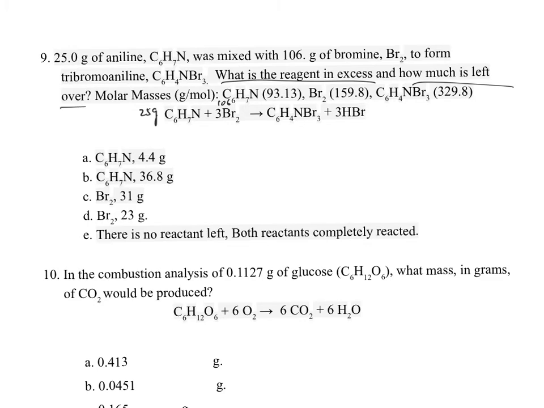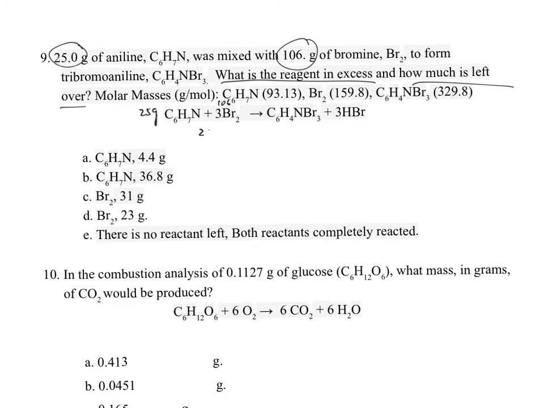Okay, so we already know how to deal with limiting reagent problems. You have to calculate from both of your reactants to the same product, and see which one gives you the smaller production of the product. That one is your limiting reagent, and the other one must be your reagent in excess.